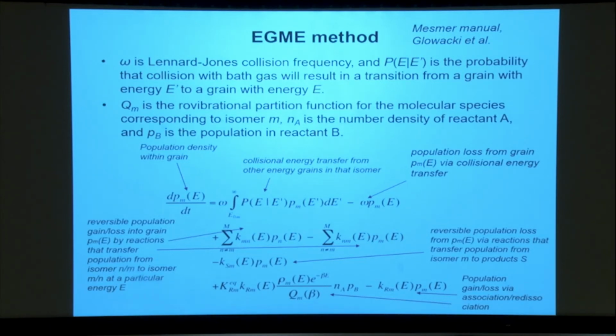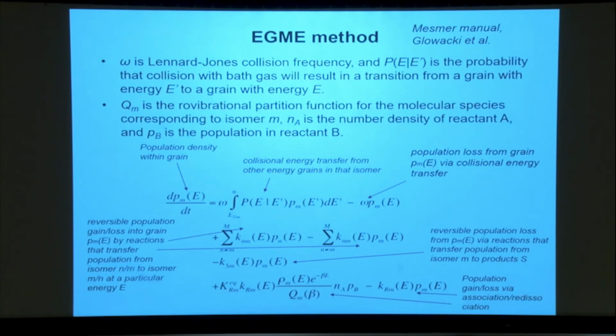So we've got two terms here which are the opposite sign of each other. And then we've got the reaction going to products, again the microcanonical version of that reaction. And then we've got population gain and loss via association, dissociation reactions.